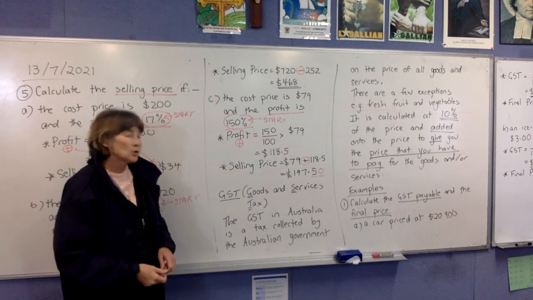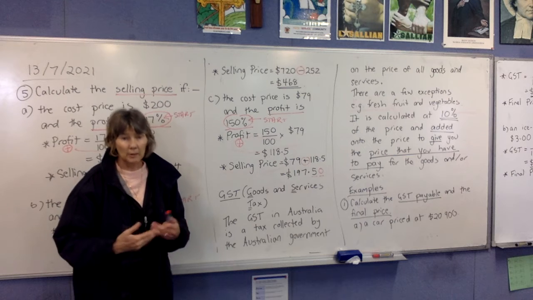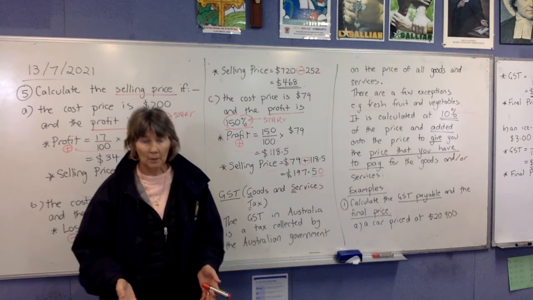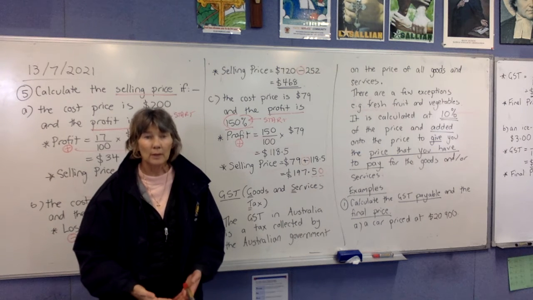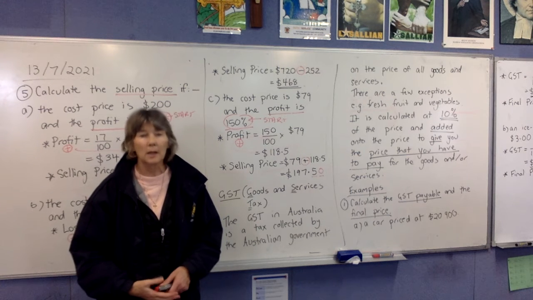So the GST in Australia is a tax collected by the Australian government. They take that money and hand it out to the states so that they can use it for whatever they need, schools, hospitals, roads, things like that.